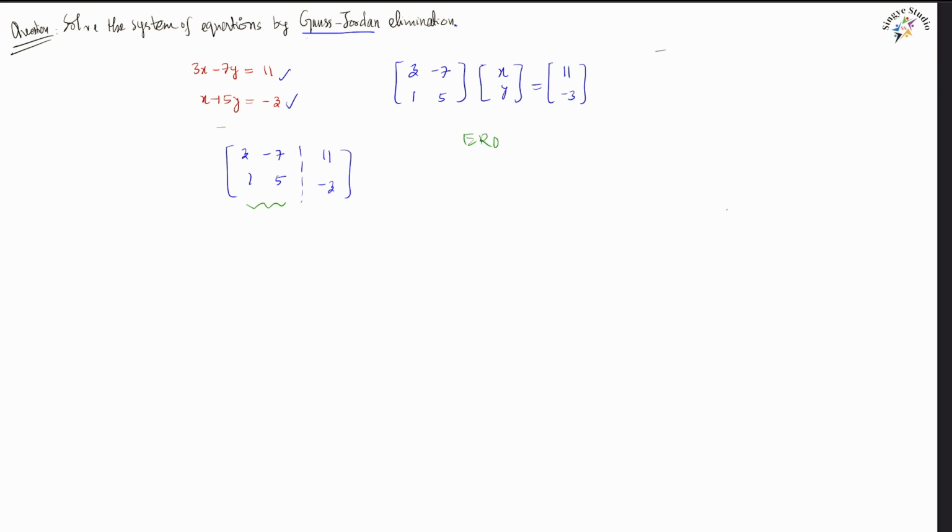Now our job is to modify this matrix by using elementary row operations, which means we can divide, add, multiply, or subtract the rows and perform operations on this matrix such that it reduces to our identity matrix, which is the form 1, 0, 0, 1, okay?